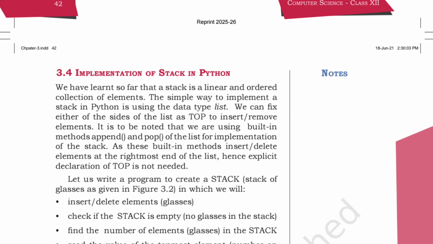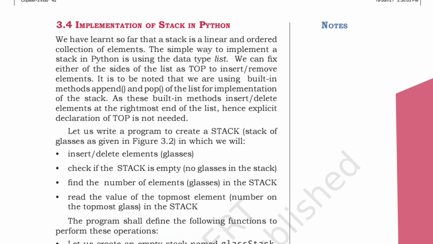Now, implementation of stack in Python. We have learned so far that a stack is a linear ordered collection of elements. The simple way to implement a stack in Python is using the data type list. We can fix either side of the list as the top to insert and remove elements.